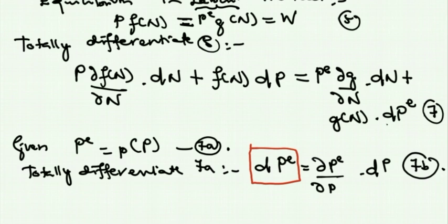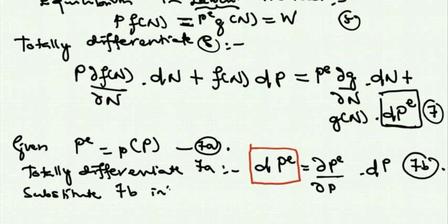Yes, because I have fixed the mistake here. Here should be also. Alright, so what can we do here? Substitute 7B back into 7. So substitute 7B into 7. What do you get here?